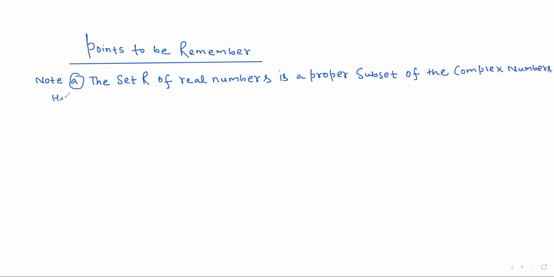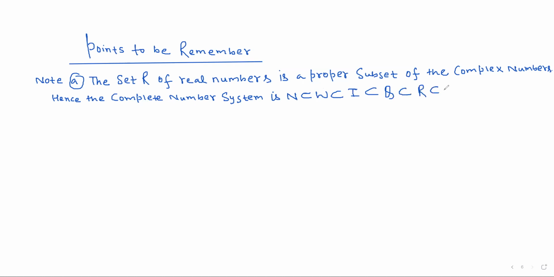Hence, the complex number system is: N, the natural numbers, is a subset of whole numbers, is a subset of integers, is a subset of rational numbers, is a subset of real numbers, is a subset of complex numbers.